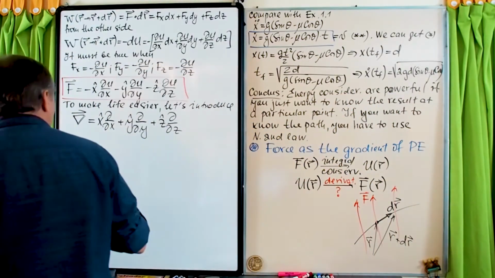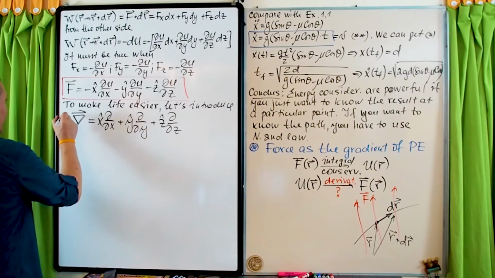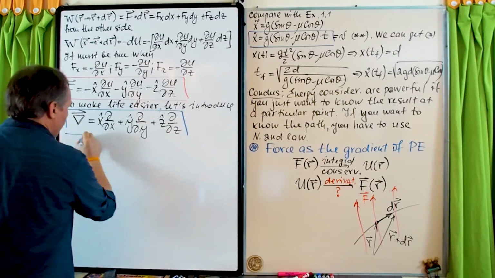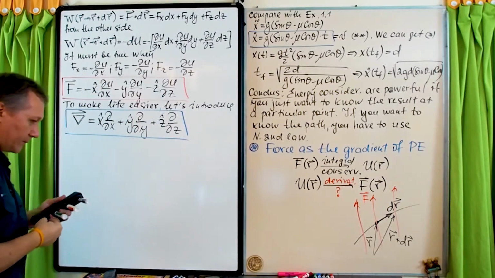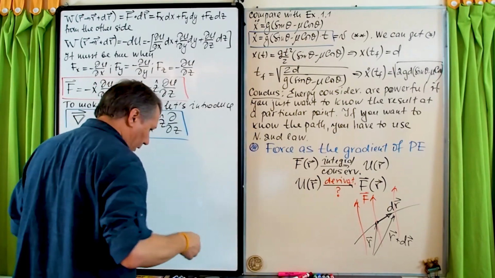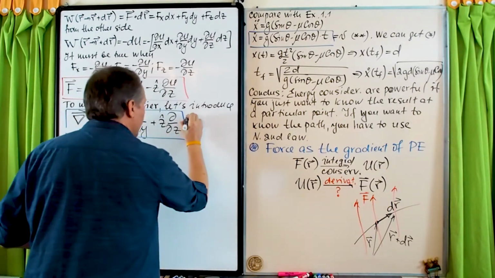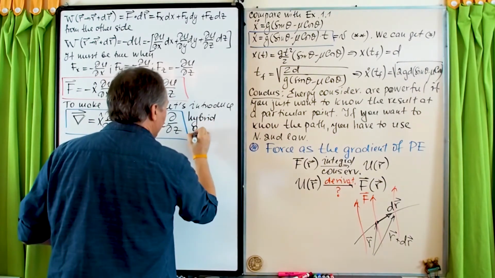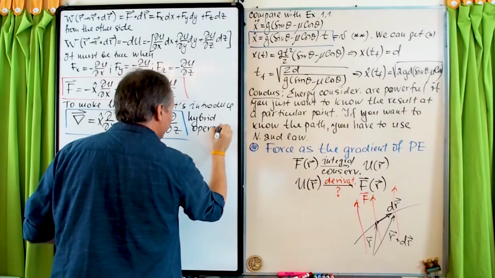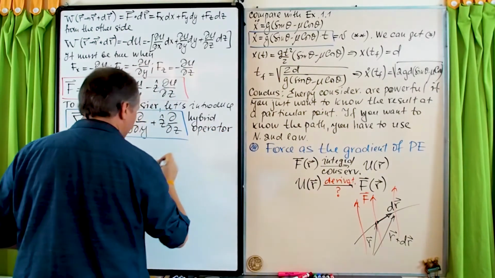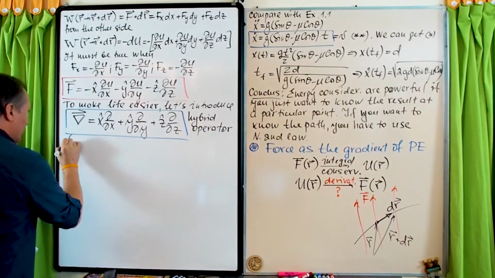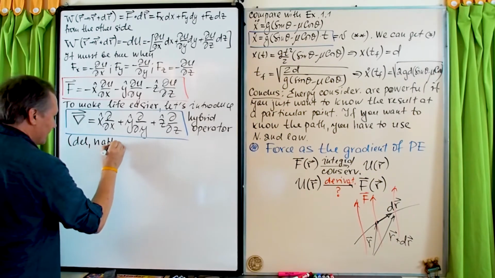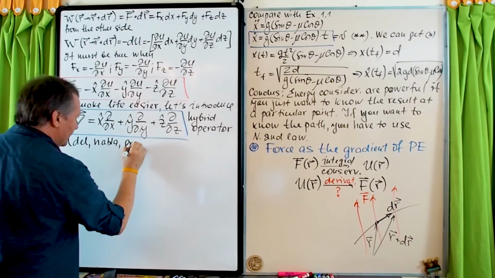So in order to make life easier, mathematicians introduced this Nabla operator. I will call it the hybrid operator. It's called del, or Nabla, or grad.